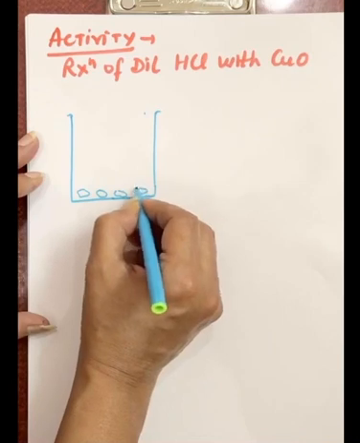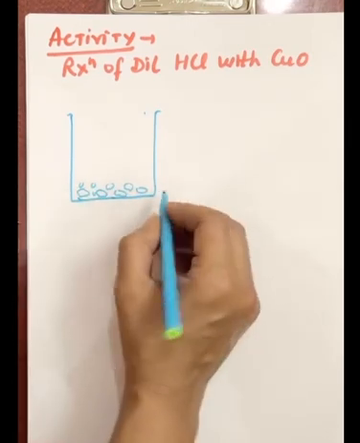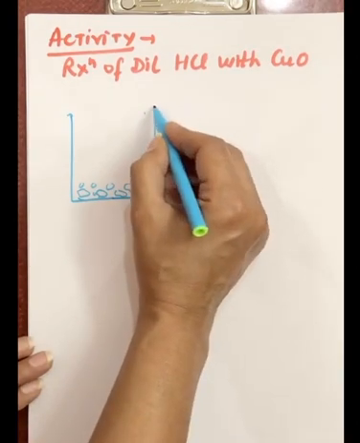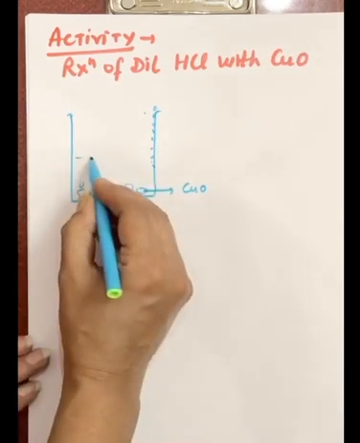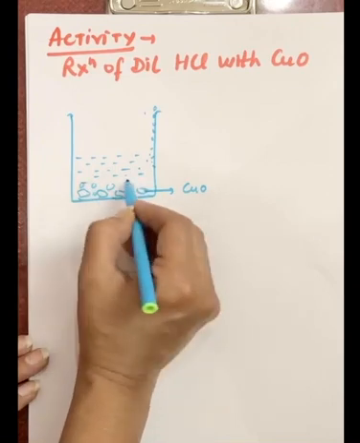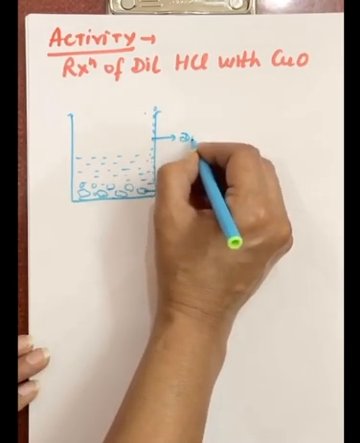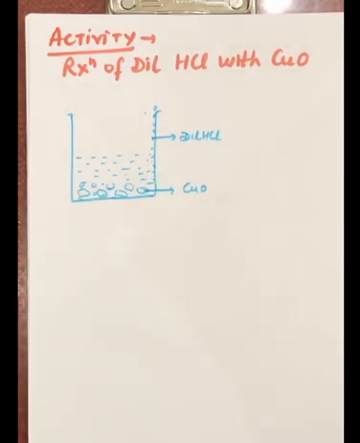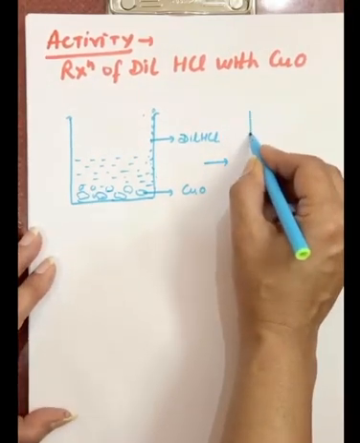It's a white color substance. So this is copper oxide. And to this we are adding slowly dilute HCl. So when dilute HCl is added to this, the two will react with each other, and after reaction, what will we see?